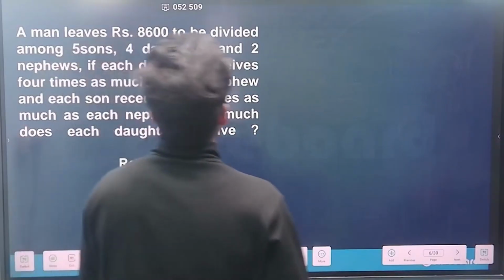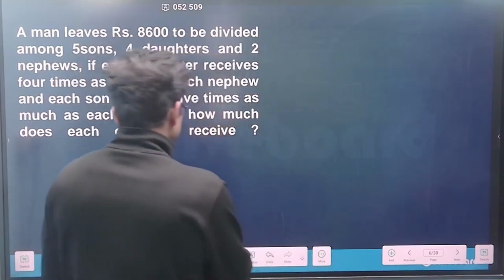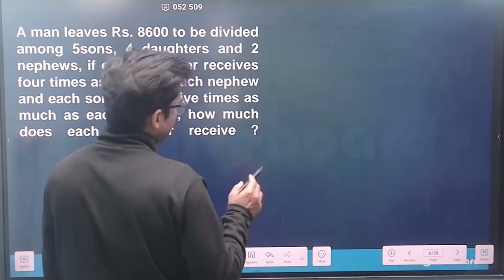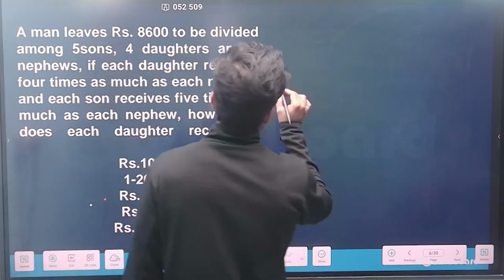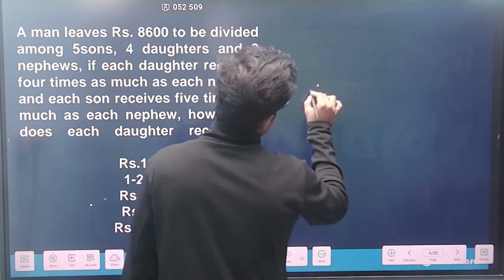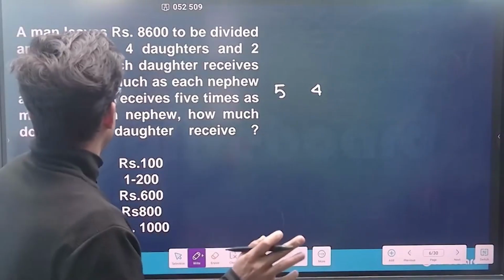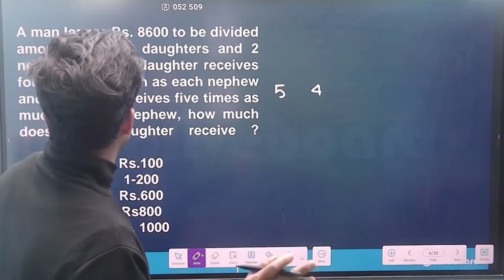And 11 is not a multiple of 8600. It will take much more time if I go for 5 sons and 4 daughters and 1 nephew.